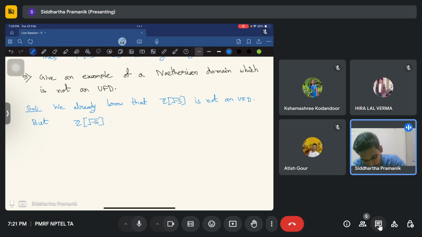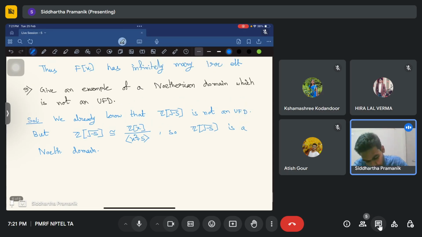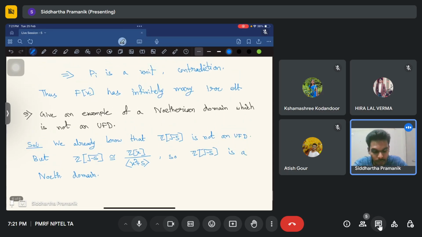So Z[root minus 5] is basically Z[x] modulo x squared plus 5. So this is a quotient of a Noetherian ring. So quotients of Noetherian rings are Noetherian. So Z[root minus 5] is a Noetherian domain. Okay, so this is not difficult. You just have to look for the earlier examples.